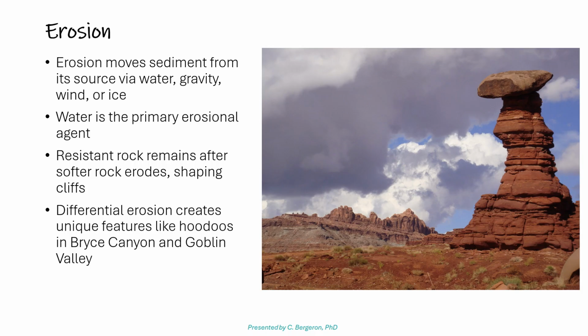And this is an important feature that distinctive geological features require. So here's a picture of a hoodoo in Moab, in Utah, and this is the remnants of rock layers, or portions of rock layers, that were resistant to erosion.